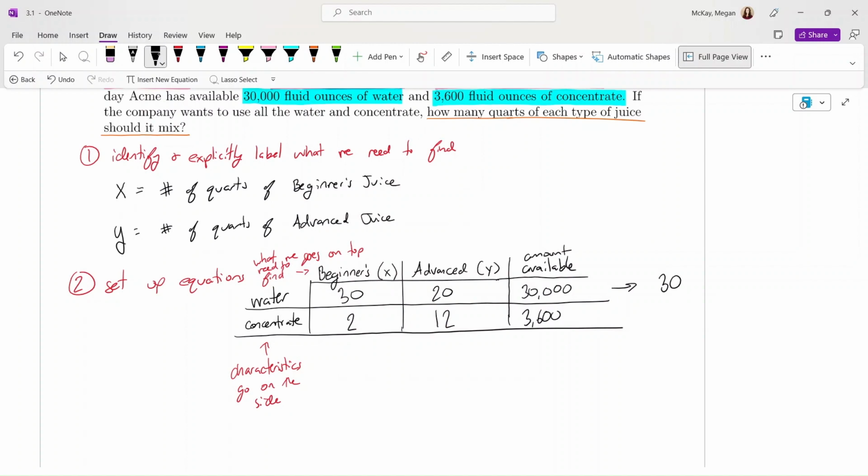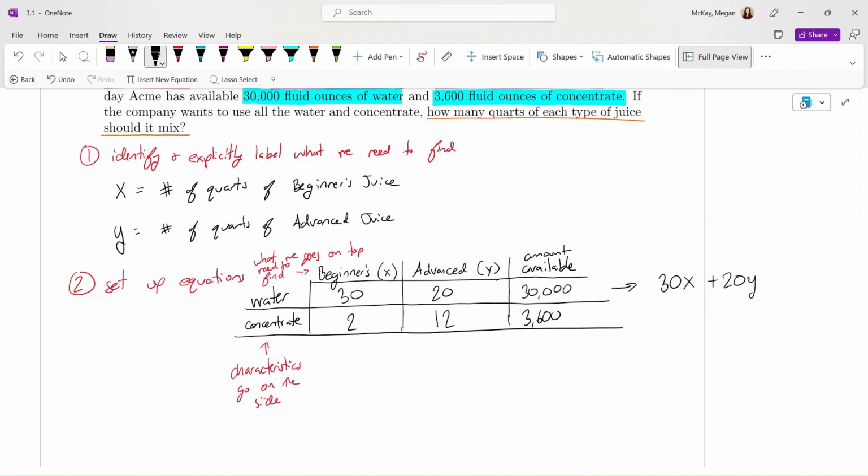So that means 30 fluid ounces for every quart of beginner's juice, and the number of quarts of beginner's juice is represented by the variable x. So 30x. We also have 20 fluid ounces per quart of advanced juice, so that would be 20y.